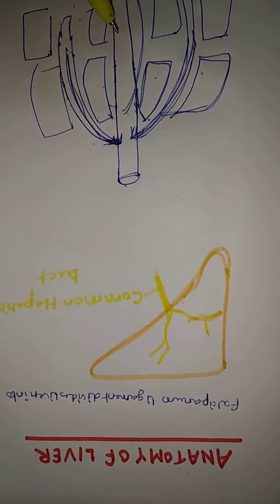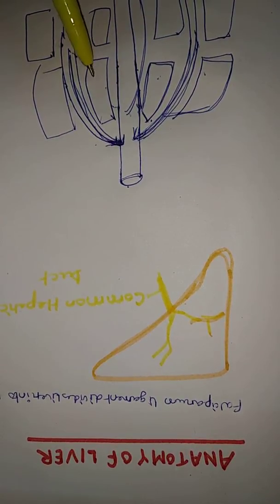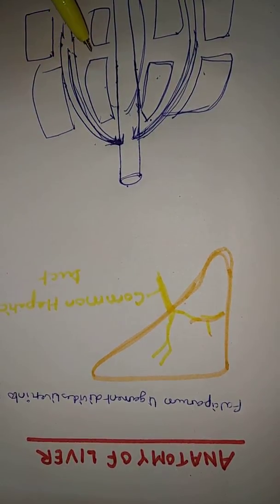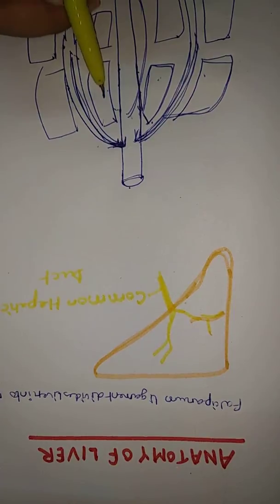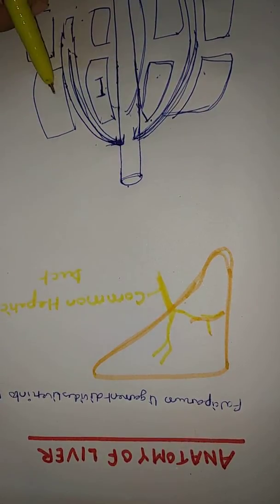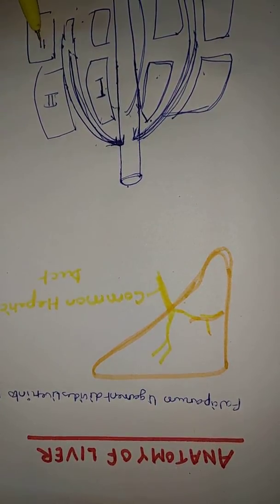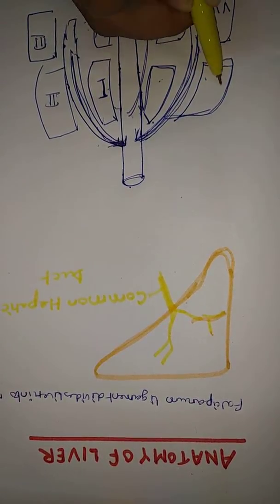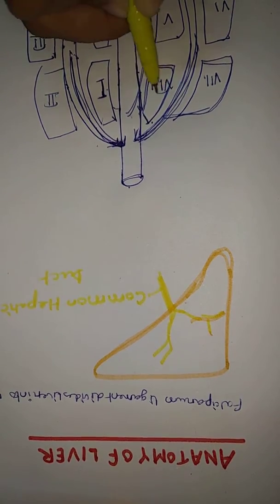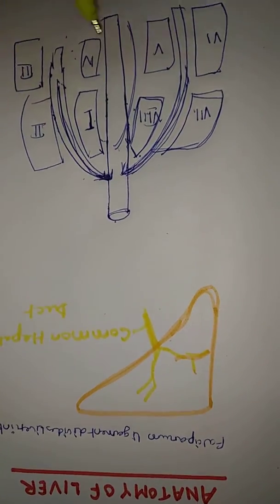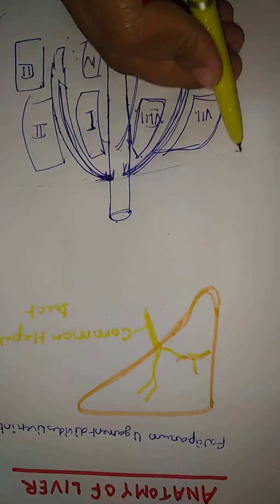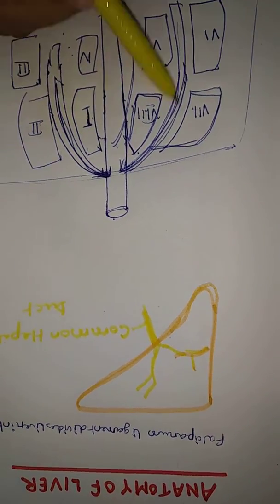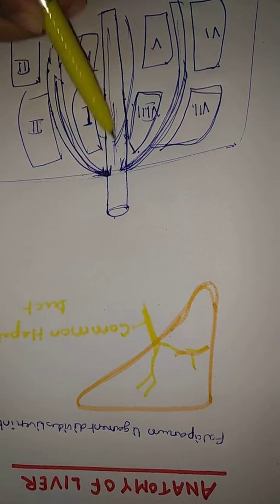If you want to number these functional segments, you should number in a clockwise pattern, starting from here: 1, 2, 3, 4, 5, 6, 7, 8. These are the 8 physiological segments of the liver, and these are formed by the hepatic veins which are draining into the inferior vena cava.